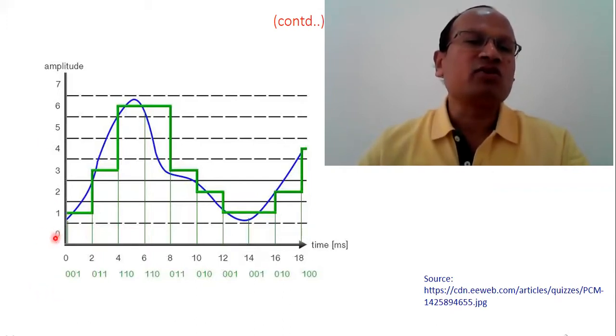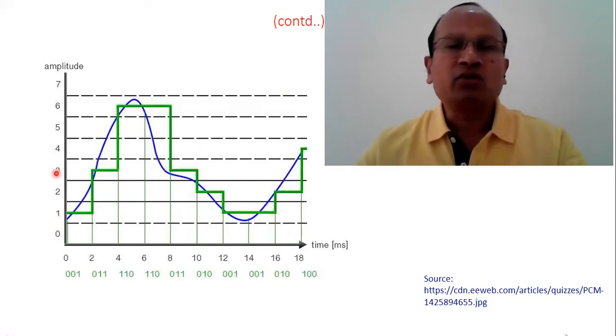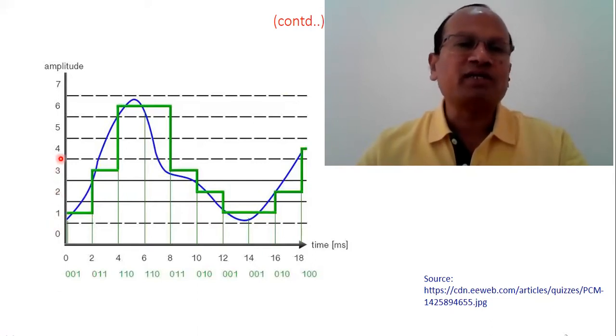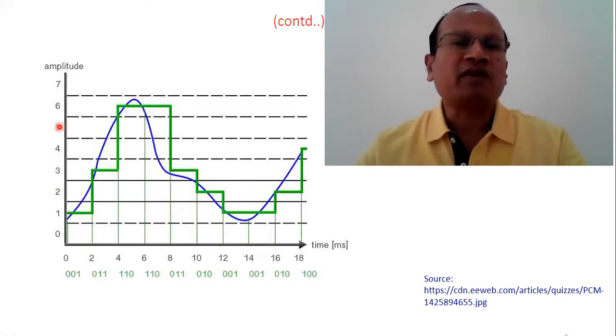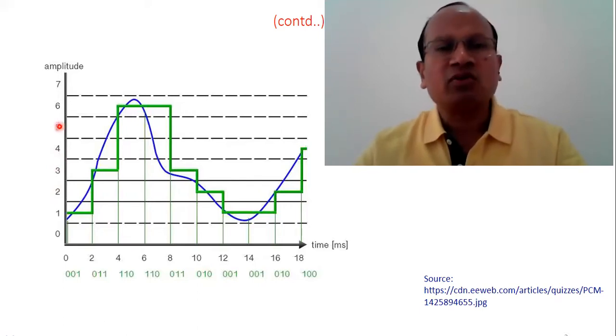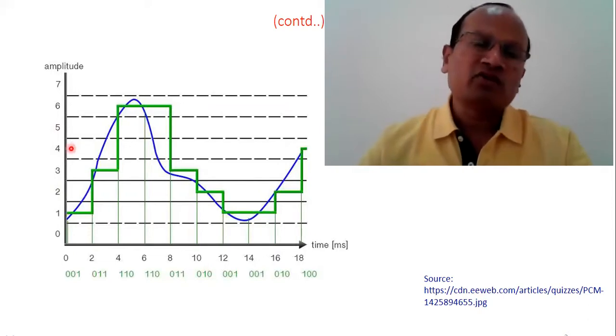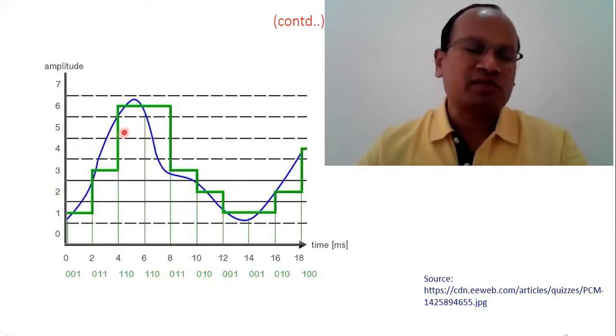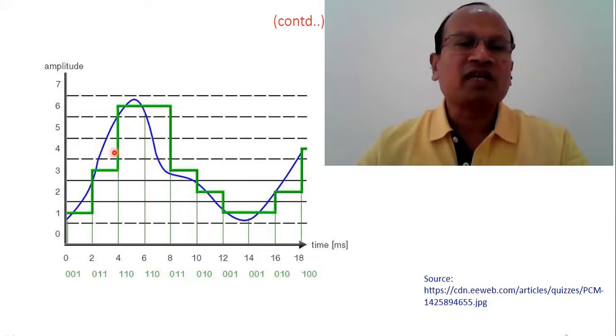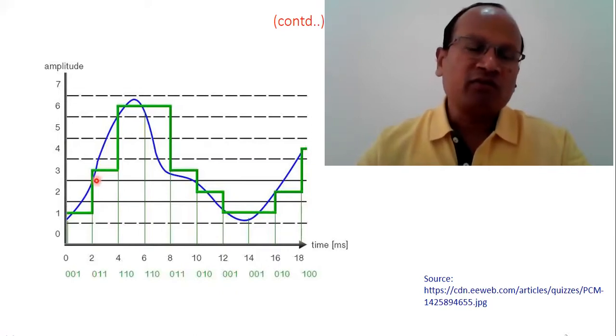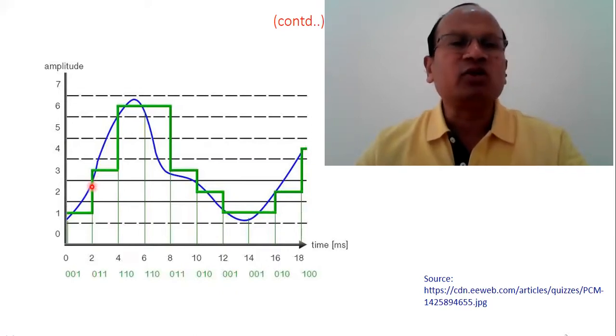Suppose we assign 0 to 000, 1 to 001, 2 to 010, 3 to 011, 4 is 100, 5 is 101, and so on.